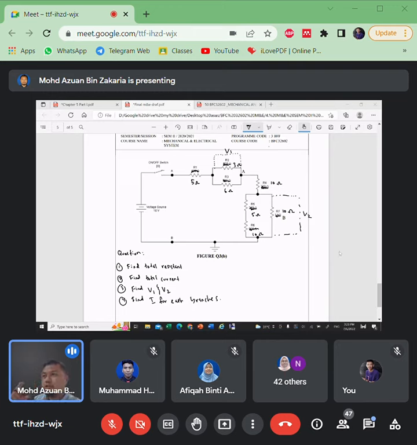You can screenshot this figure, and then you need to find total resistance, total current, find V1 and V2, V at parallel, V parallel 1, V parallel 2, and current at each branch, all branch currents.